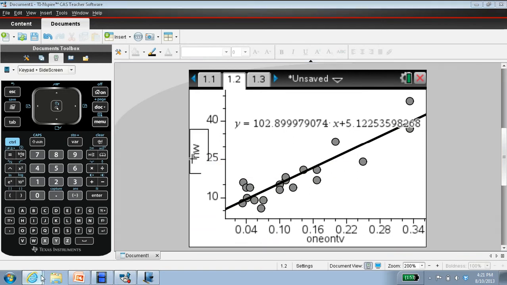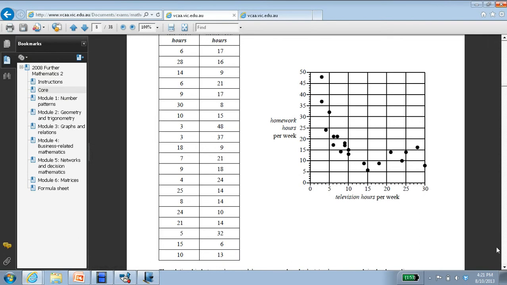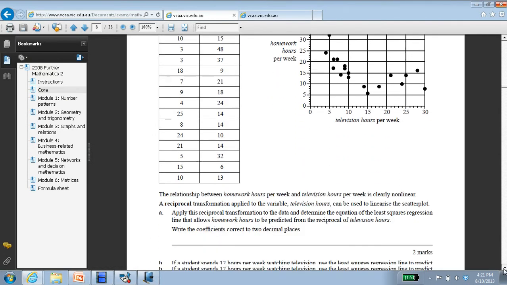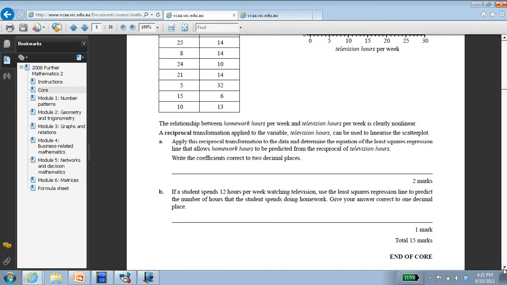If we go back to the question, let's just have a look at the question. Apply this reciprocal transformation and determine the equation of the least squares regression line that allows homework hours to be predicted from the reciprocal of TV hours. And what they're looking for you to do is to write the equation of the line in terms of the variables. So they don't want to see y and x, they want to see words.